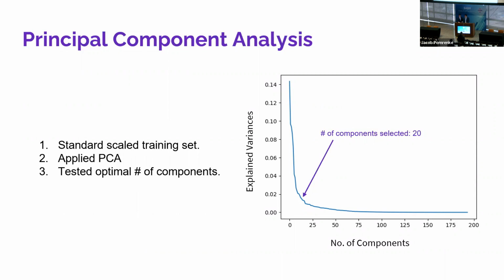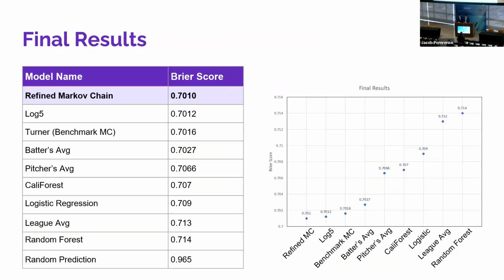So at the end, this is our final results after implementing the machine learning approaches. To our slight surprise, the refined Markov chain method is still the highest performing method out of all of these approaches, followed closely by the log5 model, and then the benchmark Markov chain model.